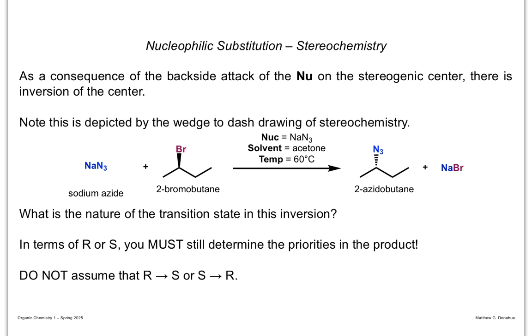So 4 sigma bonds, that's telling us that that's sp3. We do the same for the product, that's sp3. So what's the nature of the transition state? Why does it invert?